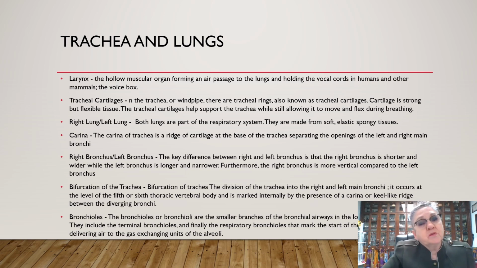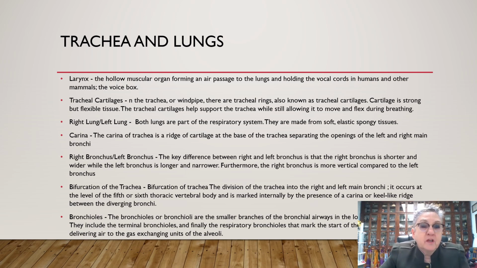It's the hollow muscular organ that forms the air passages to the lungs and includes the vocal cords and voice box. The tracheal cartilages in the trachea, or windpipe, are tracheal rings. The tracheal rings have cartilage, and the cartilage is strong but flexible. It holds the airway open. This tracheal cartilage can support the trachea, which allows the flow of air in and out.